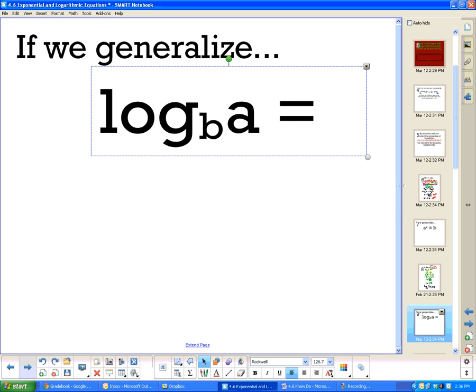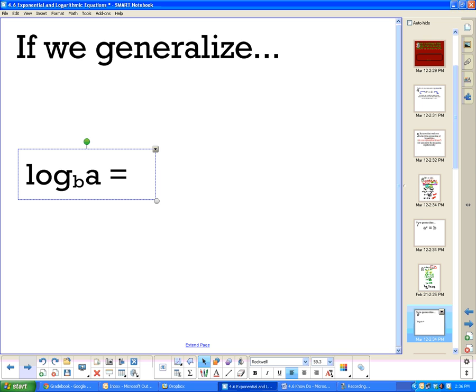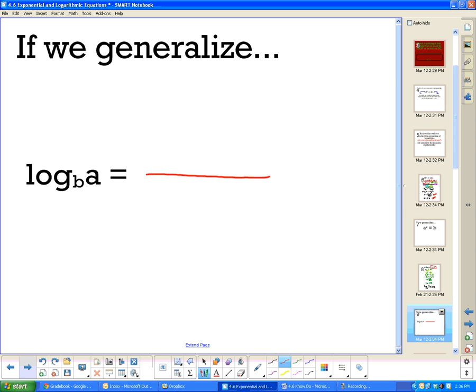If I have a logarithm of any base b of some value a, I can create this change of base formula, and it would be logarithm base c of a over logarithm base c of b. And remember that base c is going to be the base of your choosing, any choice you want.